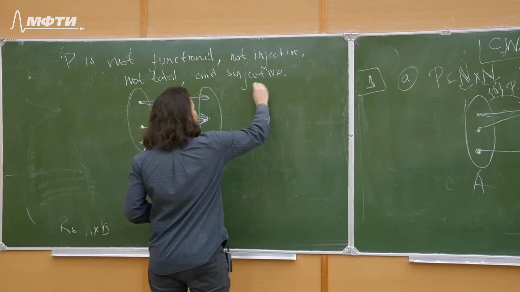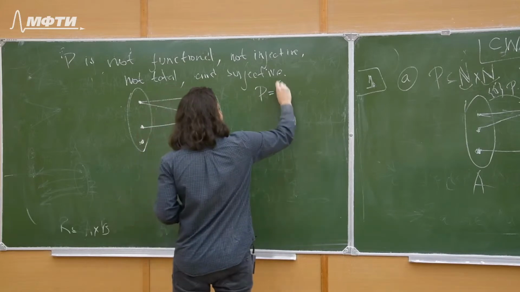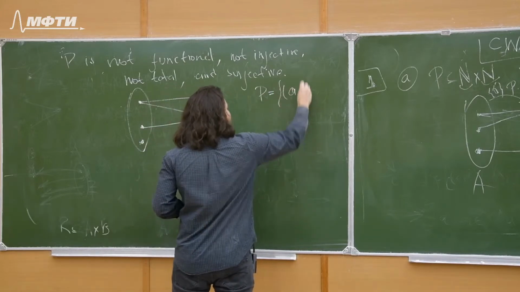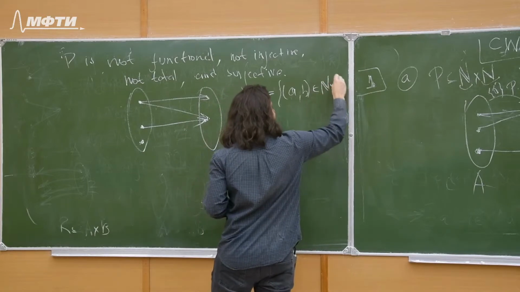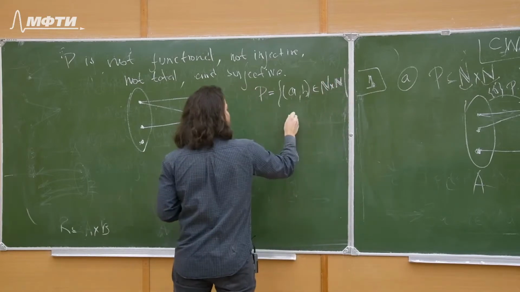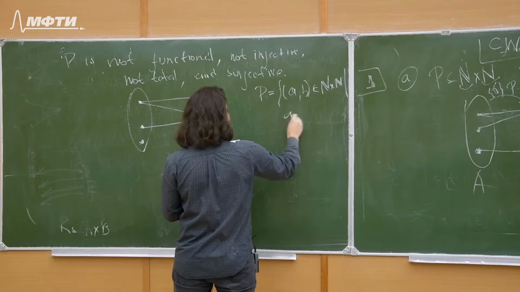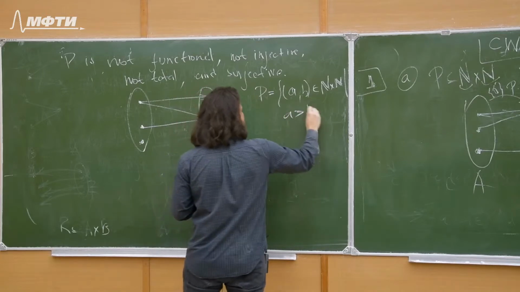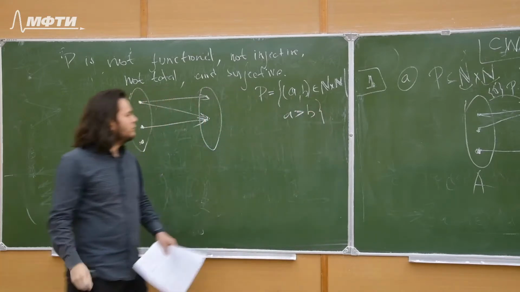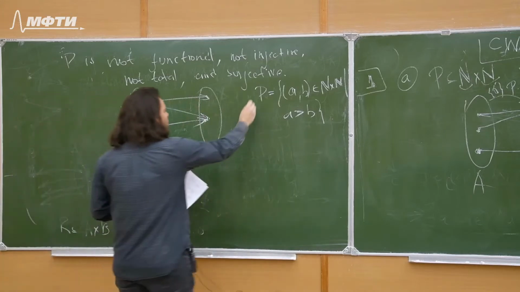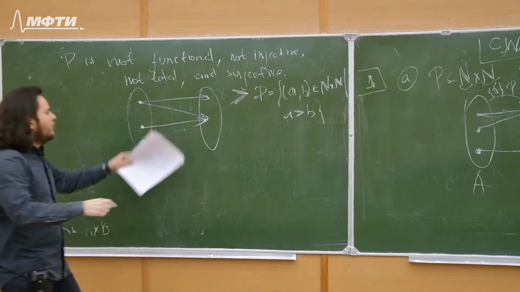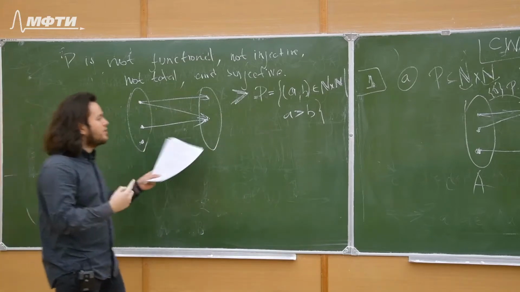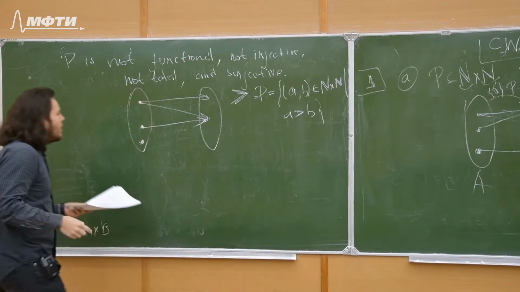So let P be all the pairs such that A is greater than B. So P is equal to the relation of A being greater than B. And we can prove that.